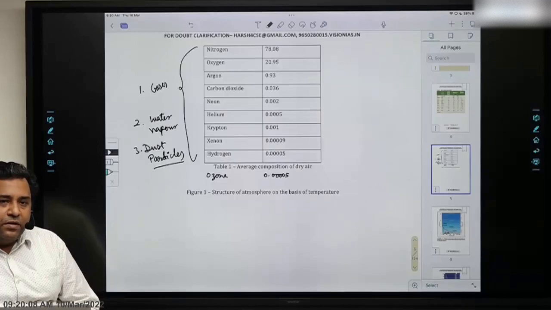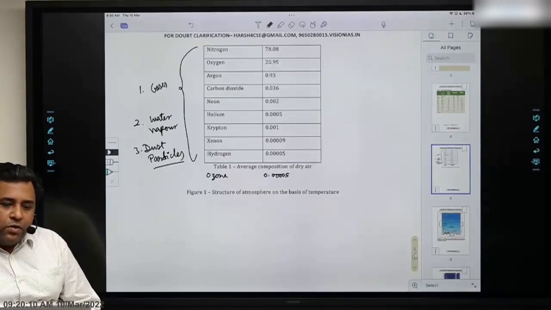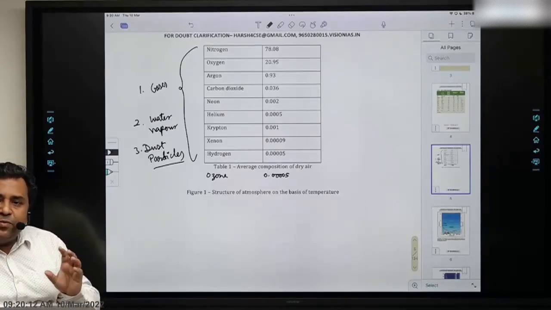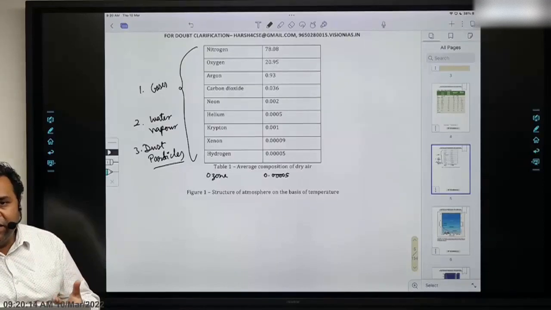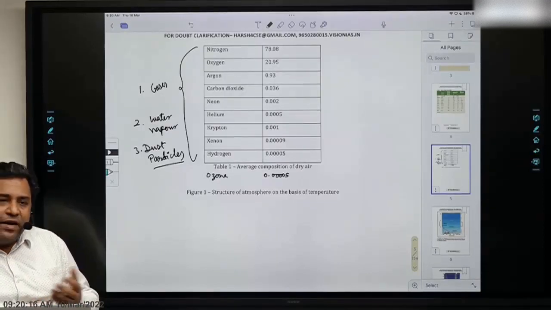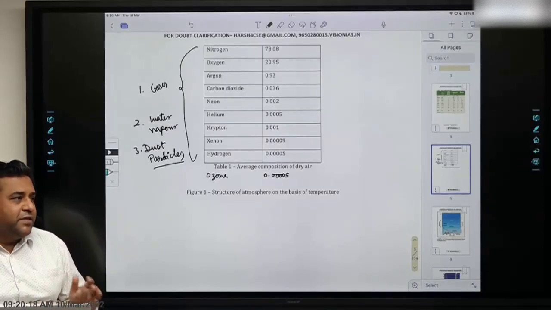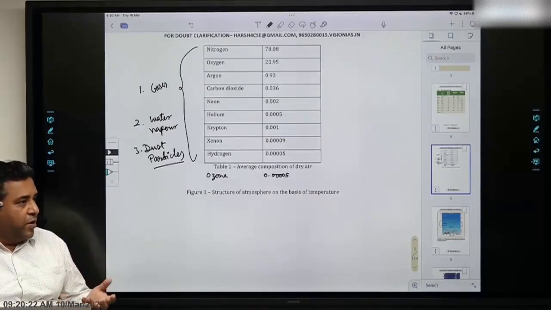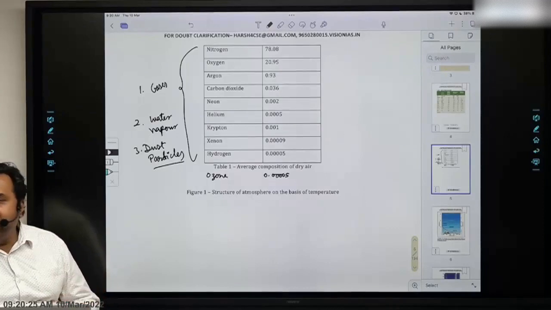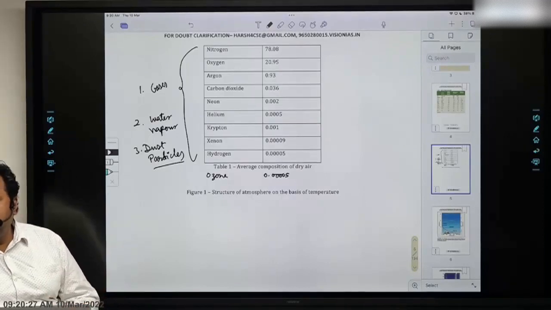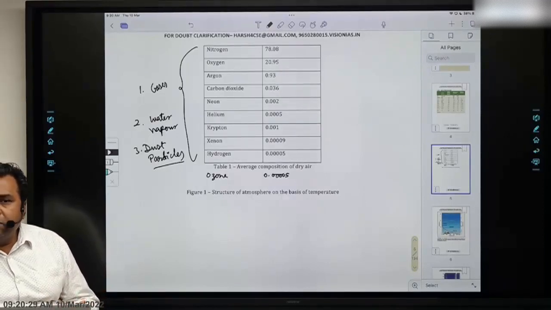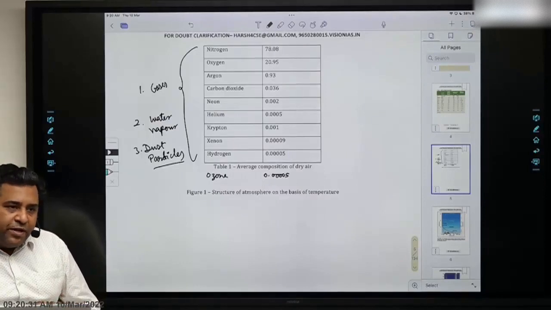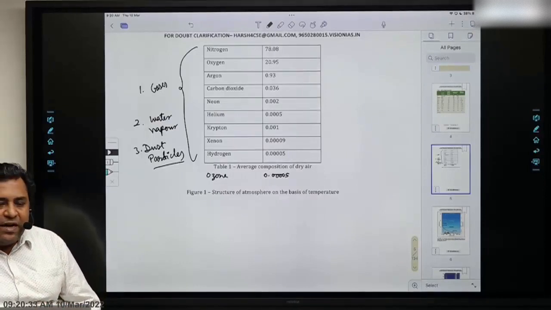Is that okay? Very good. So then what else? So these are the processes, and then the volcanic activity. Volcanic activity was earlier adding too much, but now gradually its role has declined pretty much because we don't have many volcanoes. Is that okay? So now volcanic activity is adding very little water vapor to the atmosphere. Okay. So that's how it is added, right?